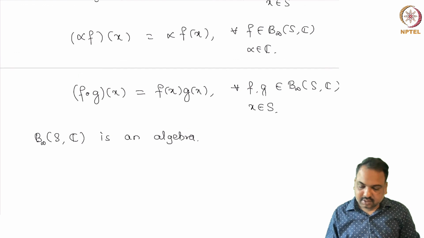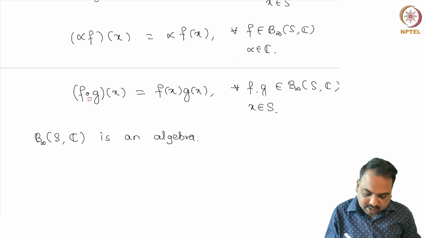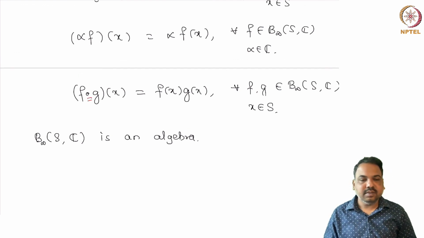Okay, so here don't confuse this with composition. This is not the composition symbol. This is the product of two elements in B infinity.